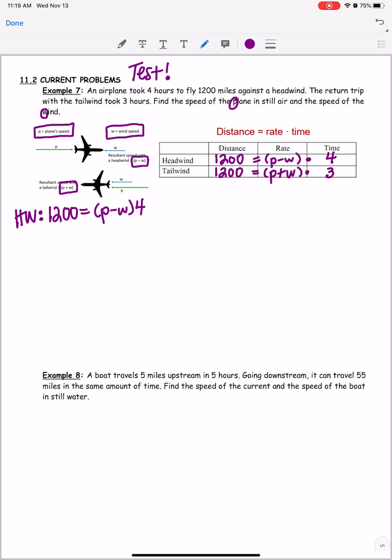Well, distributive property is just multiplying, right? We would do 4 times P and 4 times a negative W. So the opposite of multiplying everything by 4 is to divide by 4. So 1,200 divided by 4 is 300. My 4's here cancel.